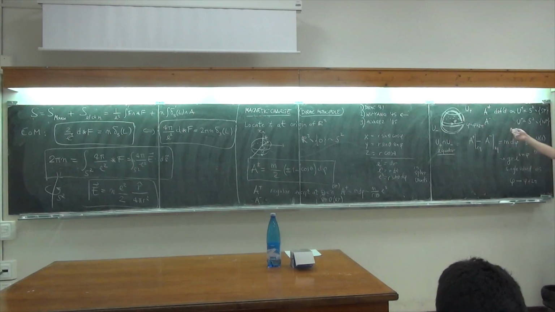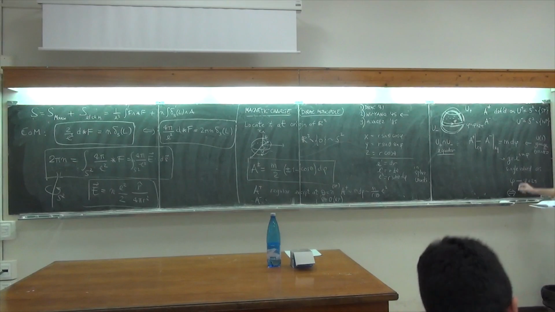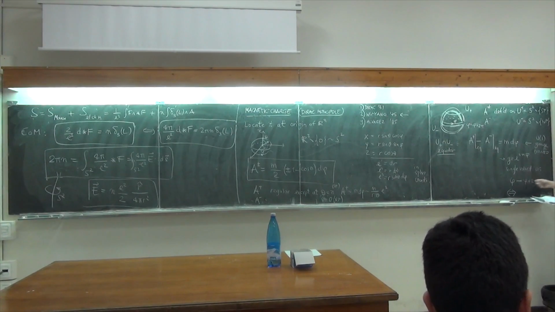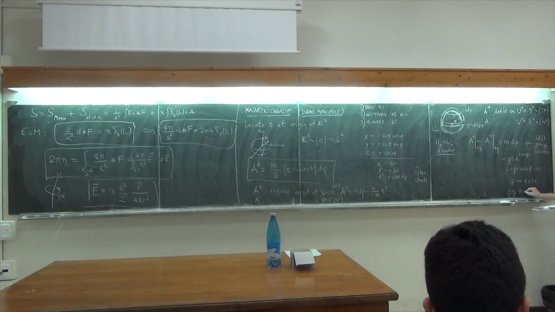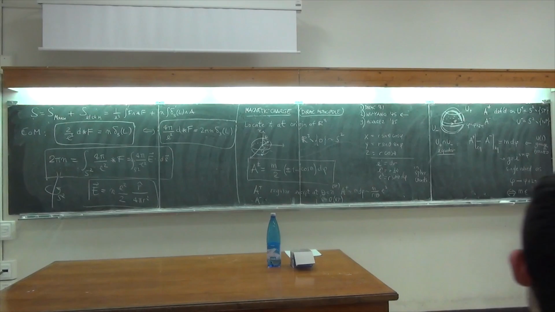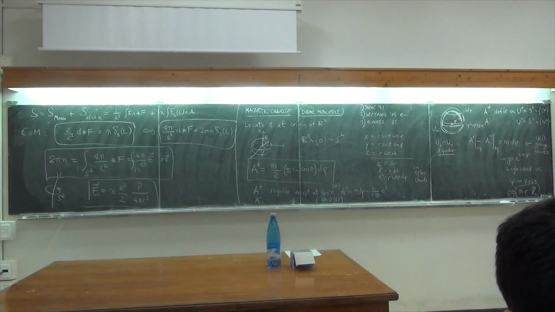Otherwise, it's not well defined. This is because the gauge transformation is e to the i m phi, and phi shifts by 2 pi. This gauge transformation is well defined if and only if m is an integer.